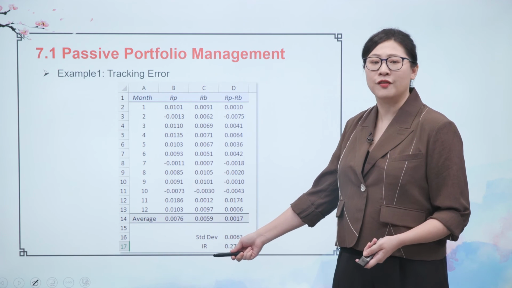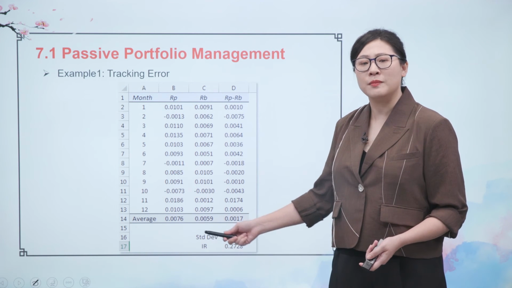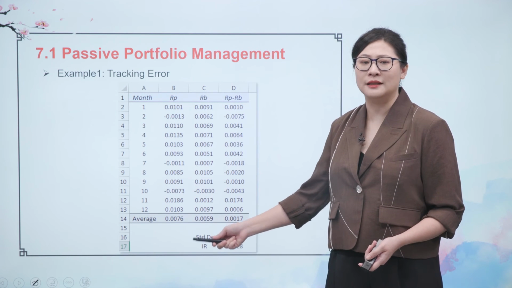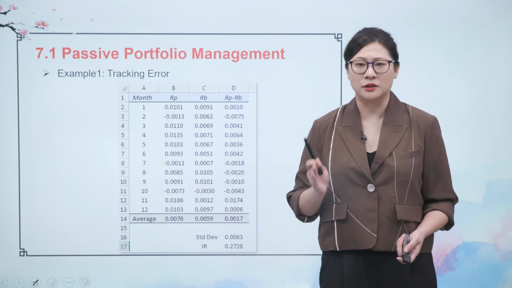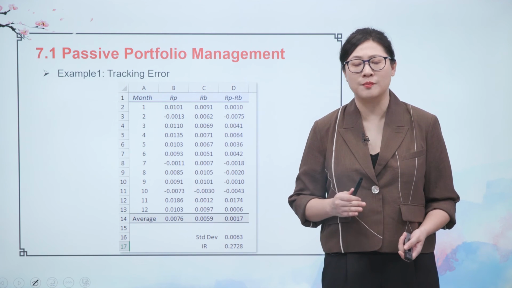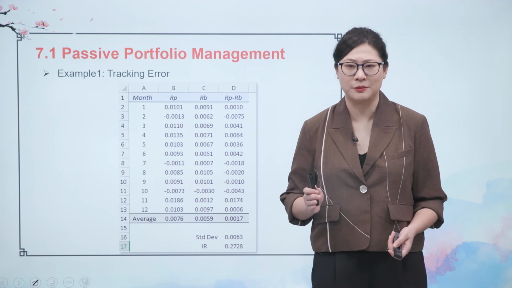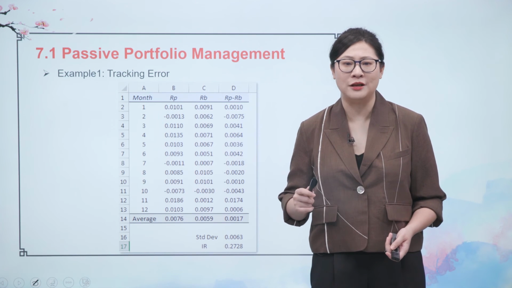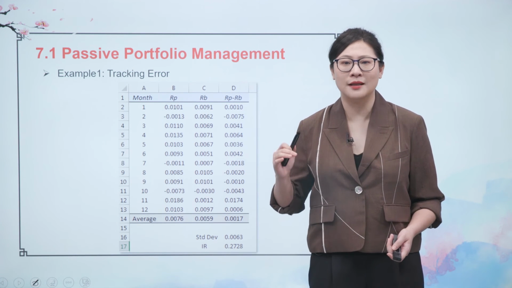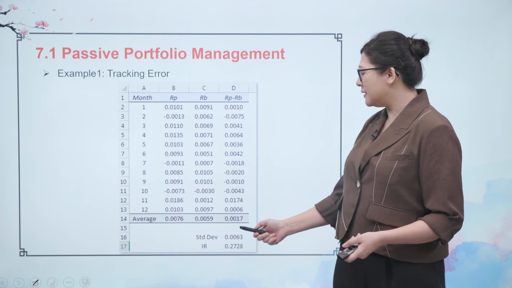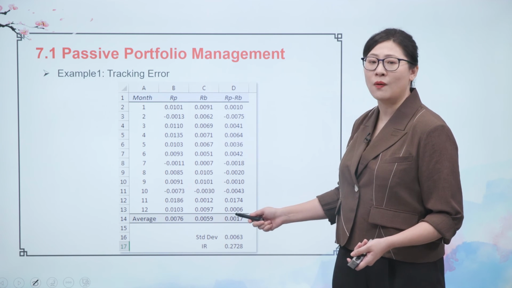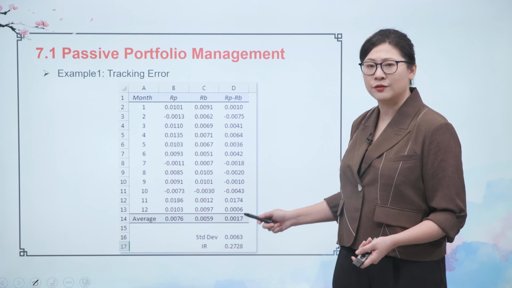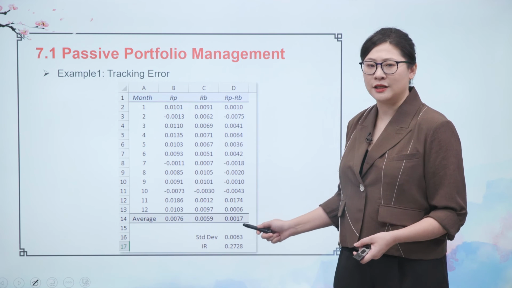And the next one, let's have a look. This is the information ratio. The information ratio we can write down as IR. We will talk more about the information ratio in the next chapter, the chapter for portfolio performance evaluation. So you can learn more in chapter 8. And this IR should equal your average active return over the active risk.